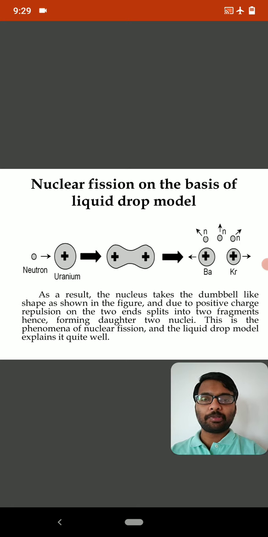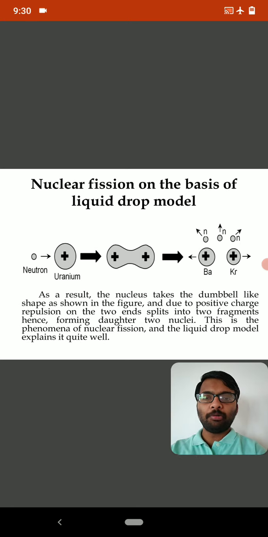This diagram helps us understand nuclear fission very effectively. Initially we have a thermal neutron, which interacts with a target nucleus, the uranium nucleus, and because of this interaction a compound nucleus is formed.